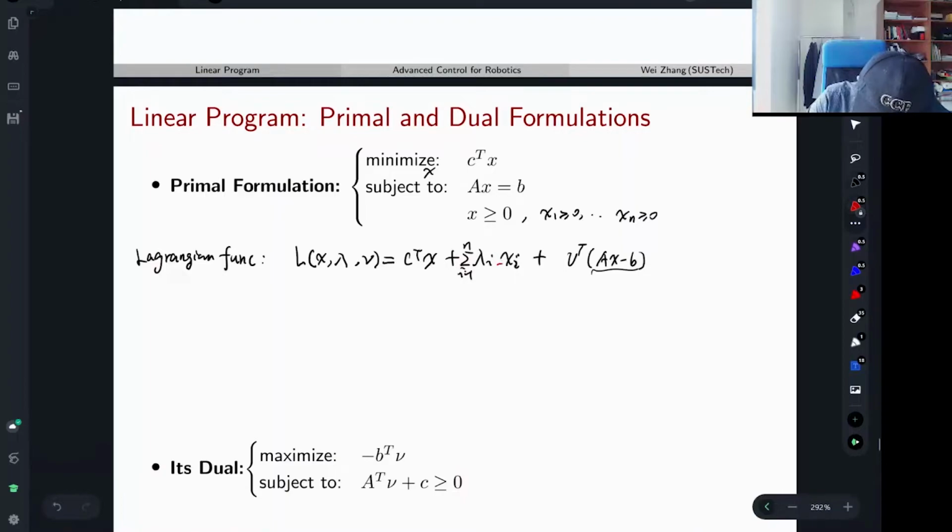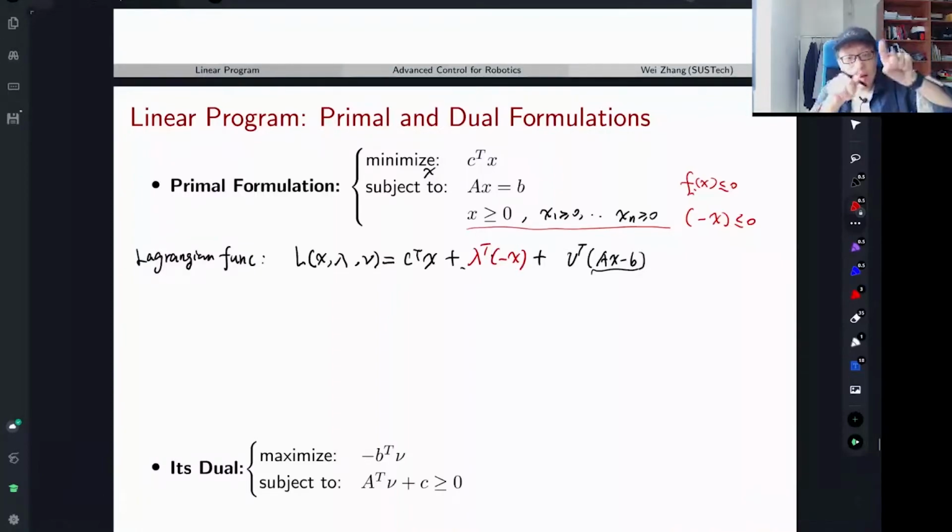I think we're missing one thing in the inequality term: this is the negative x i. Because in the standard form we need f(x) less than or equal to 0, and here x is bigger than 0, so I need a negative sign. In vector form, it is lambda transpose times negative x, element-wise lambda i times x i. Good, that's the Lagrangian definition.